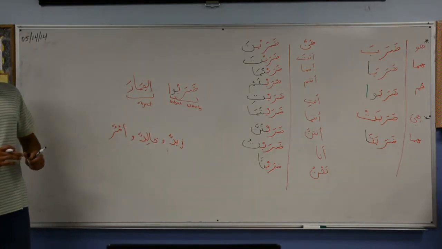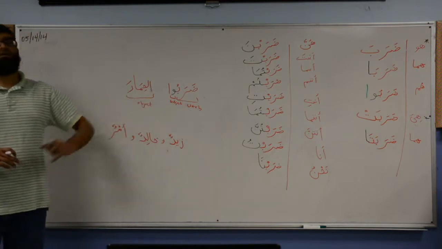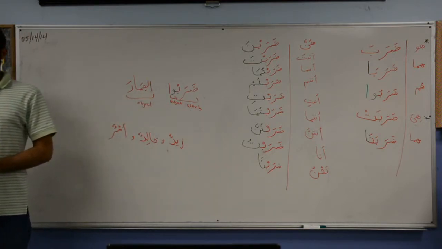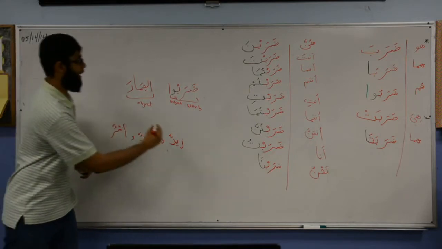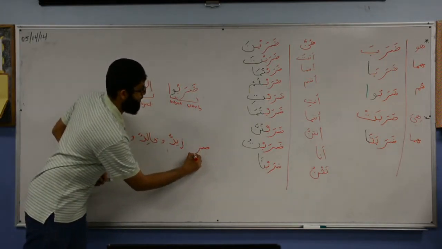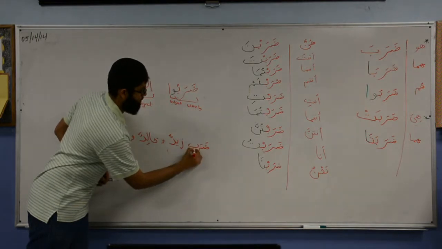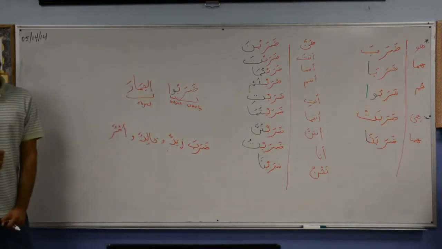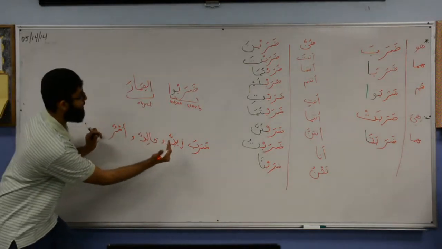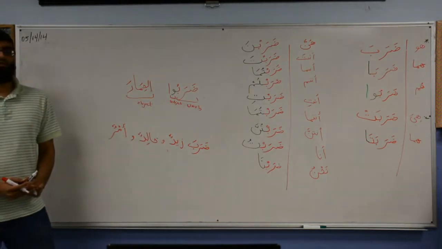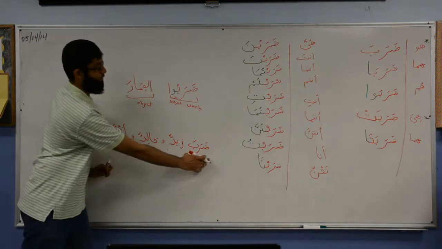What else do I need? I need my verb, right? So what am I going to put for my verb? Darabat? Darabu? No, I'm going to put daraba. And the reason for that is, I already have my subjects. I just need my verb.